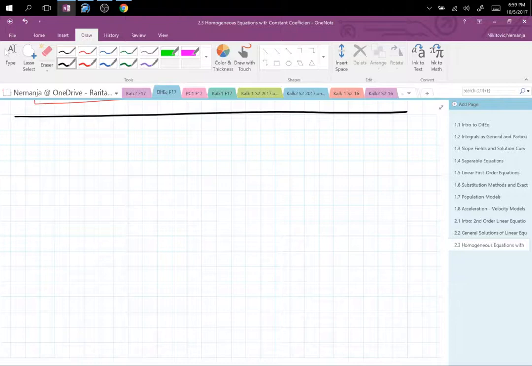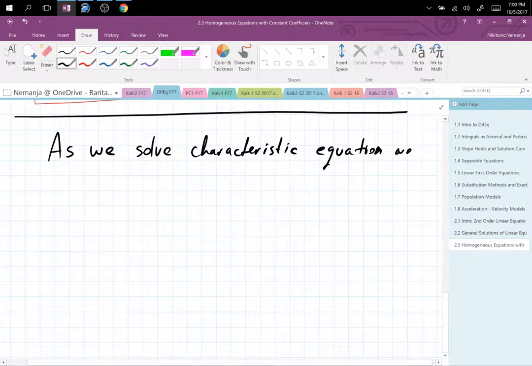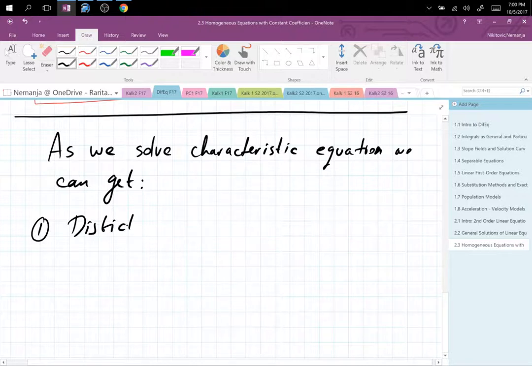Three cases, guys. As we solve the polynomial characteristic equation, we can get: number 1, distinct real roots.